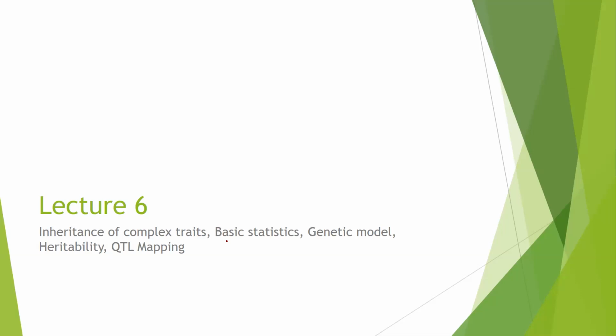Also today, we're going to introduce a little bit of basic statistics and statistical analysis that can be applied in genetic dissection. We're also going to introduce the genetic model and how we can use it to help us calculate the heritability for any trait.